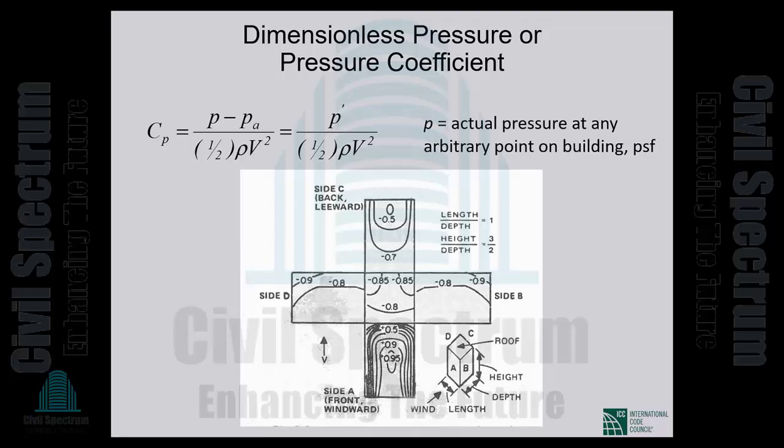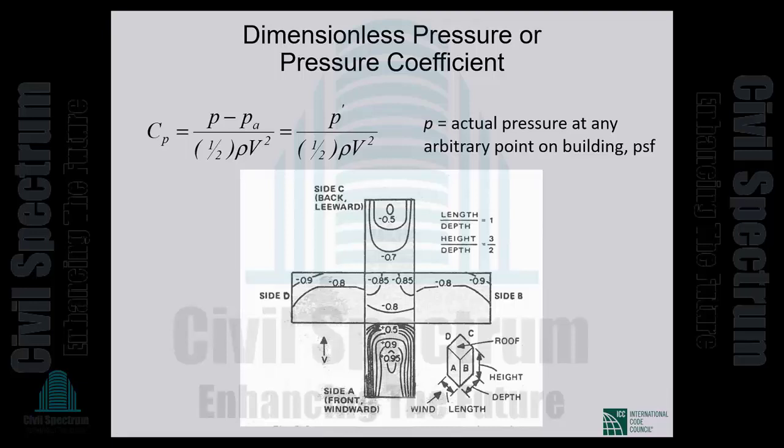Now, complicated as this wind design is and sophisticated as it looks, in design we do not consider this point by point variation. For the entire windward face, we take an external pressure coefficient of plus 0.8. For the side faces, we take an external pressure coefficient of negative 0.7, constant.